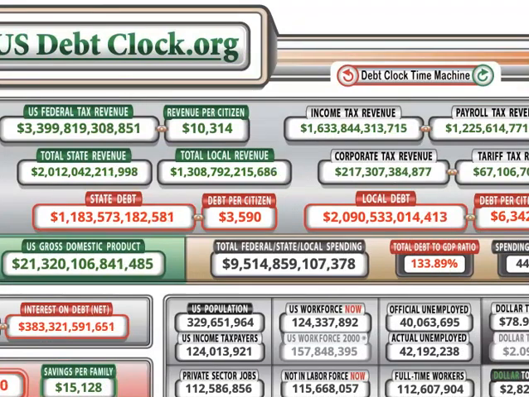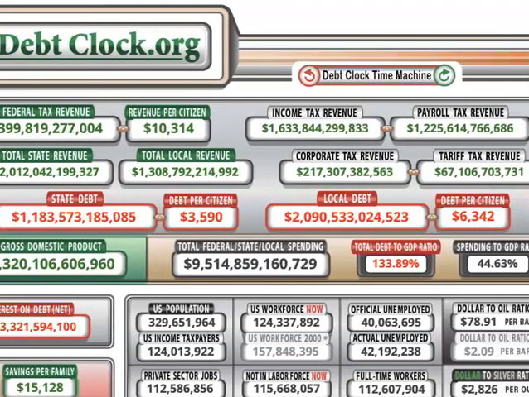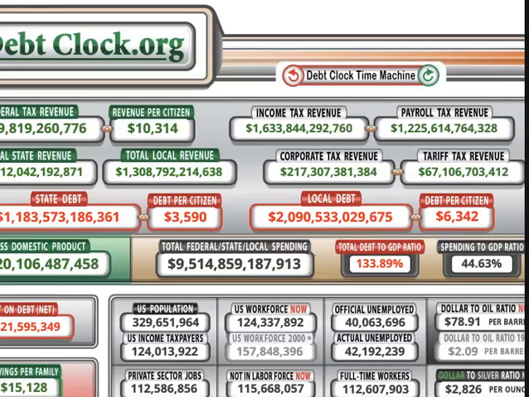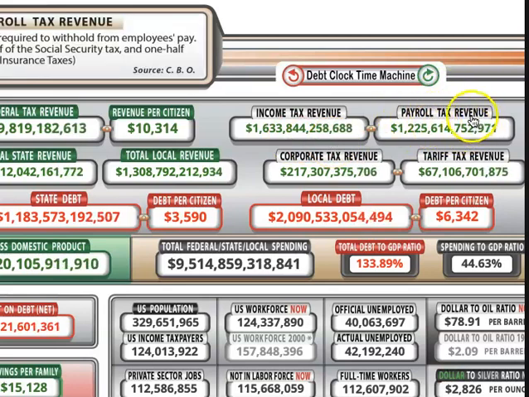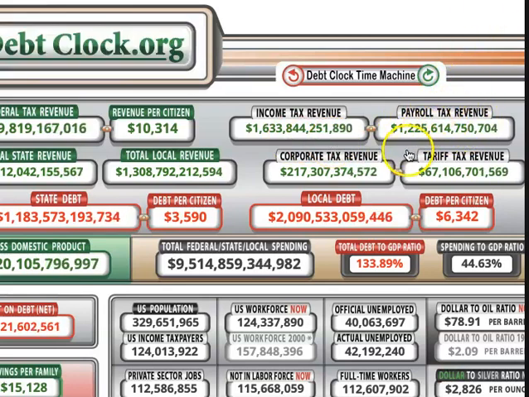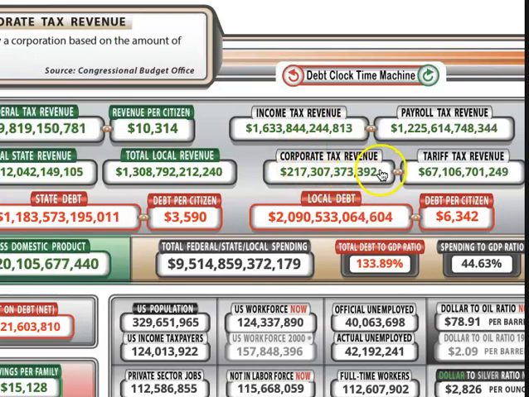The U.S. revenue per citizen is $10,000. Income tax revenue is only $1.6 trillion, and payroll tax revenue $1.2 trillion. See, the two different things. This one is just income tax, but this one is for Social Security and Medicare. The corporate tax revenue is $217 billion.